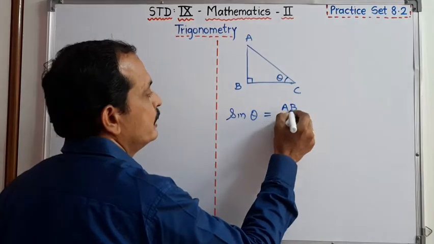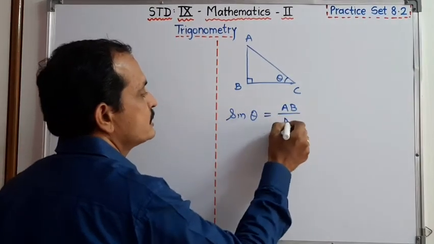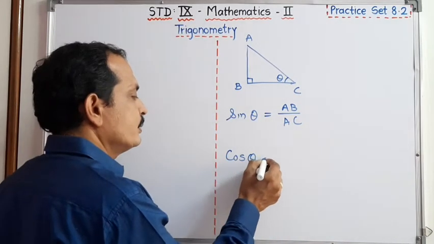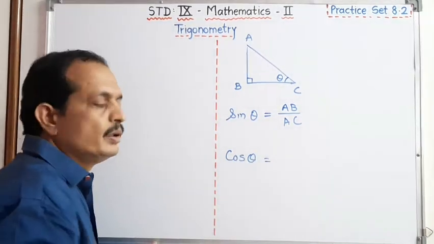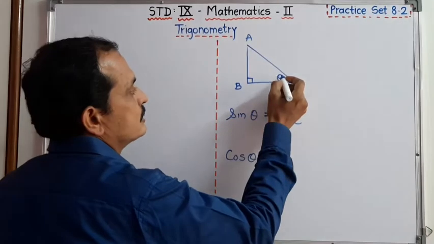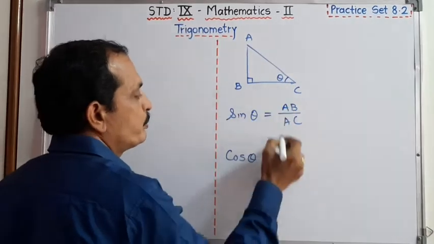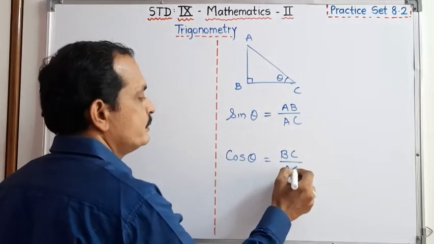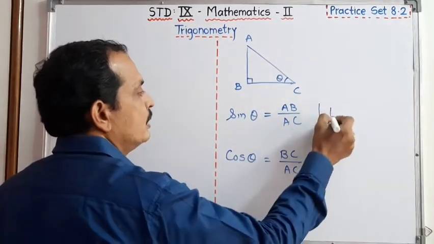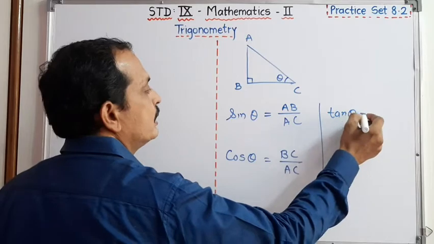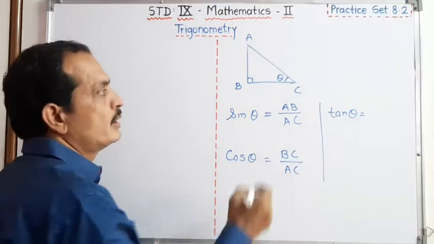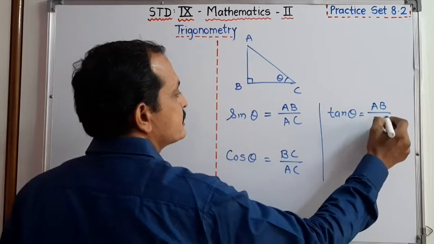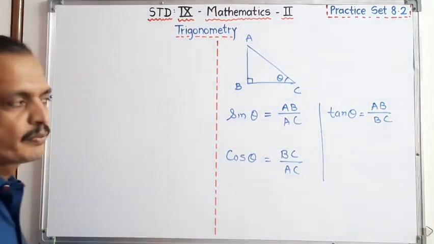Opposite AB upon hypotenuse is AC. Then cos theta. Cos theta means adjacent side upon hypotenuse, that is BC upon AC. Then tan theta. Tan theta means opposite side upon adjacent side. Opposite side AB and adjacent side is BC.